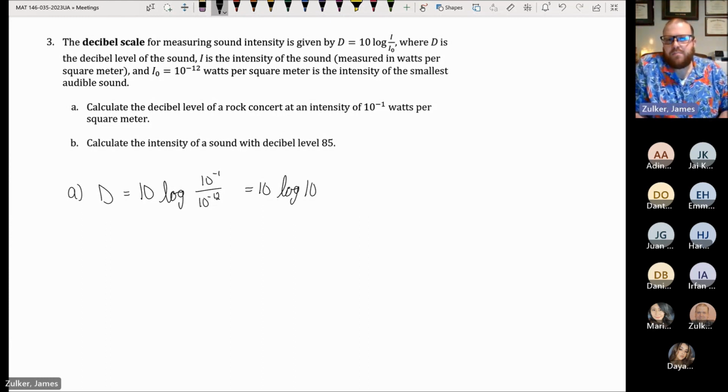So how did you get minus 13? Correct. You subtract them. So negative 1 minus negative 12.